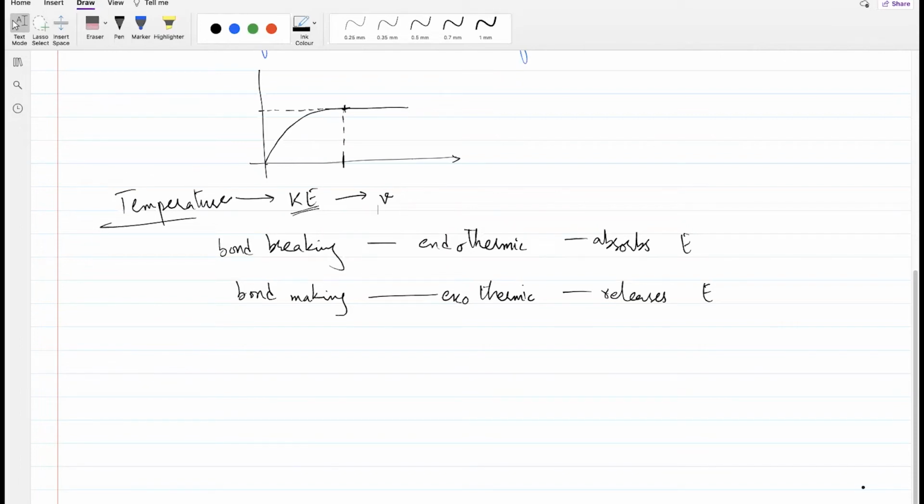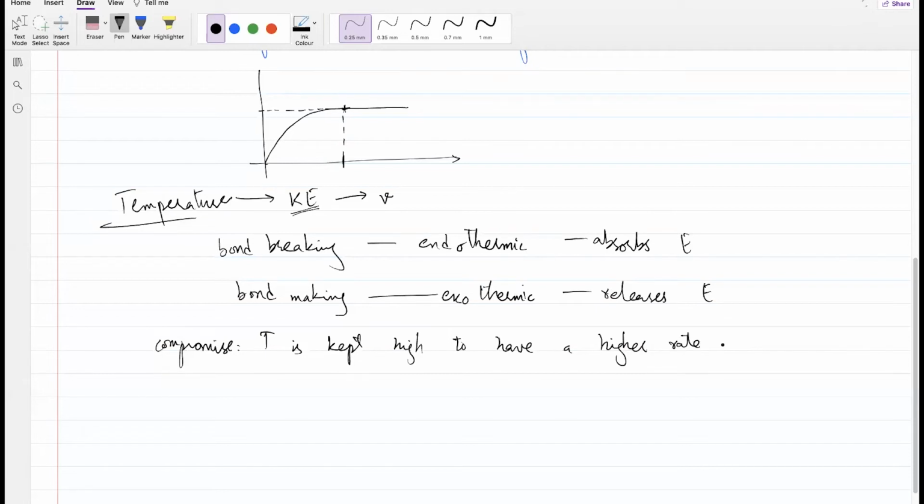So that is why we have to keep a compromising attitude here. The compromise is that temperature is kept high to have a higher rate of reaction.